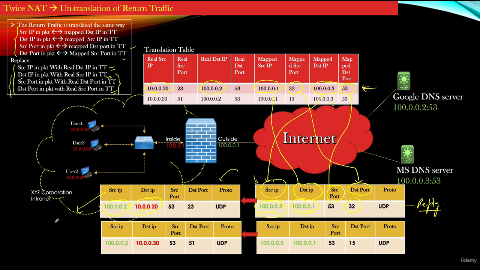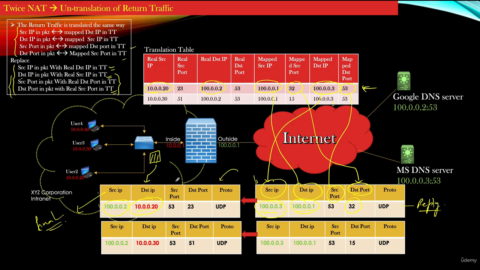So this is the final packet which is generated after performing untranslation. The packet generated by the ASA firewall after untranslation is this packet.